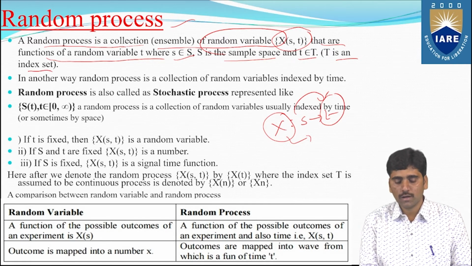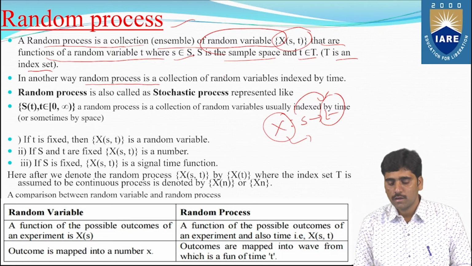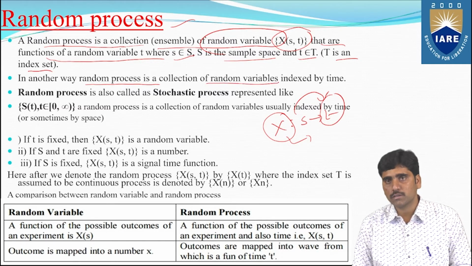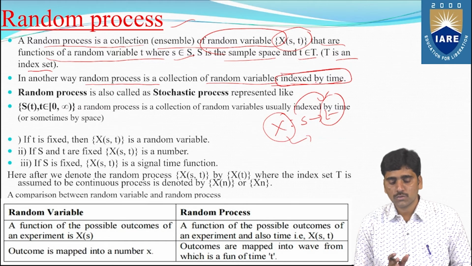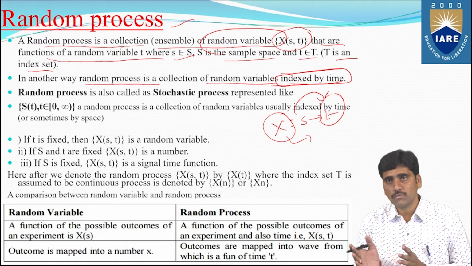Another way to say it: a random process is a collection of random variables indexed by time. We need to remember this.